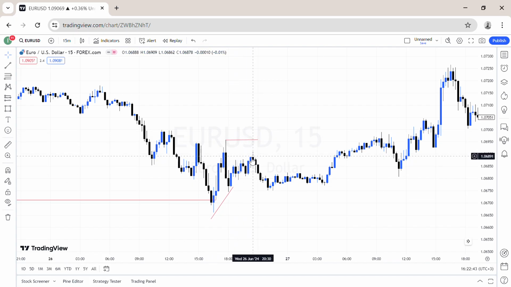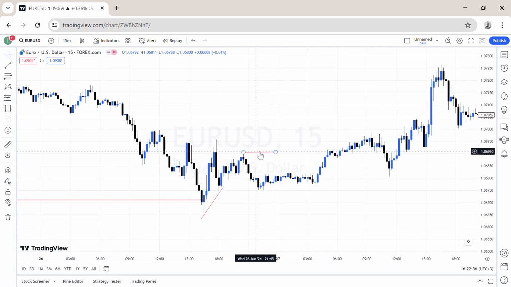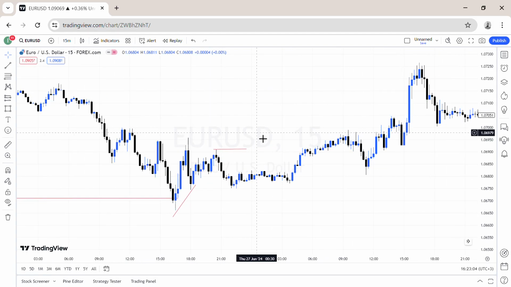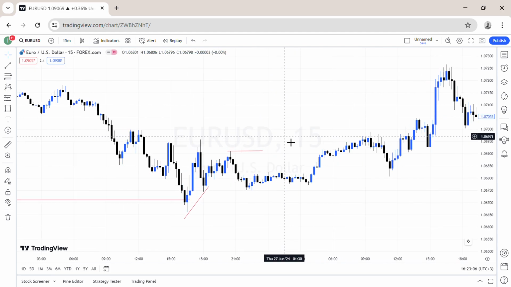So this traded above, but still didn't break this high. It traded back below. So my recent high becomes this one. If I have to validate my setup, or confirm my entries or my reversal, I'd want to see the price closing above this high for me to have a confirmation that that is a valid market structure shift.